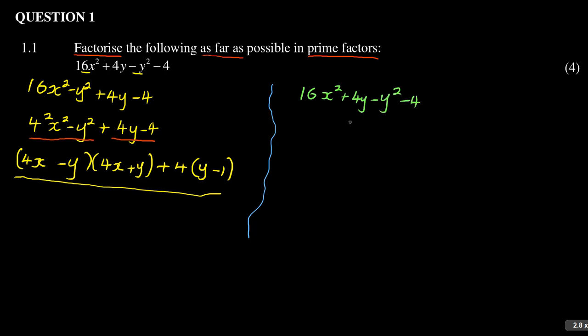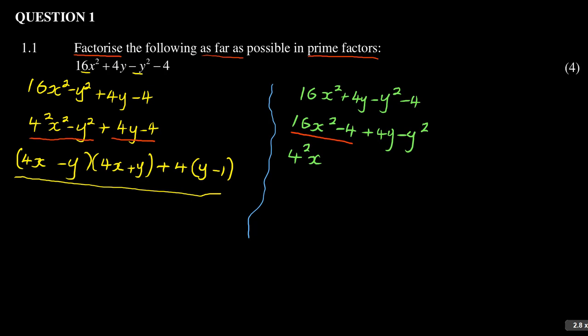So if I come with another method, in this case I can choose to group 16x squared minus 4 plus 4y minus y squared. So I can choose to group them like that. The first two are also a difference of two squares, whereby I have 4 squared x squared.